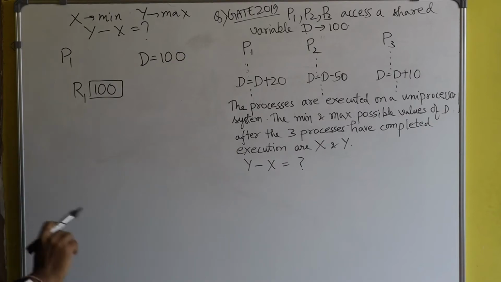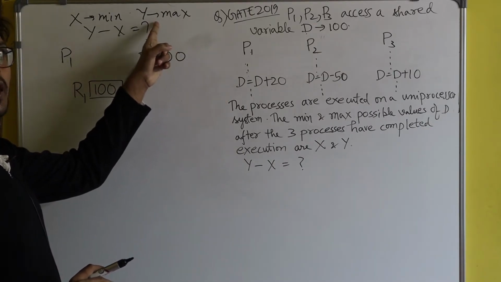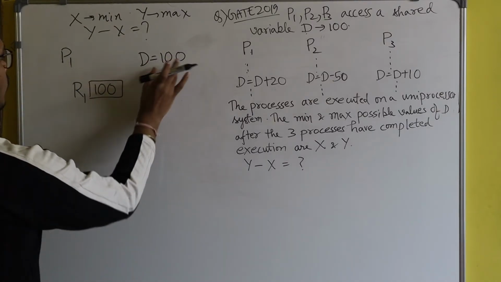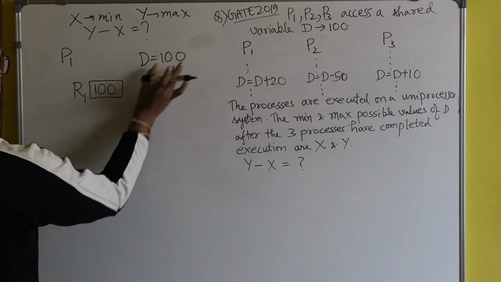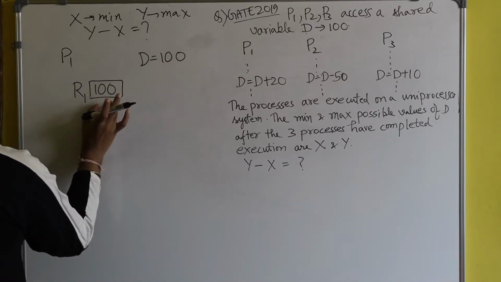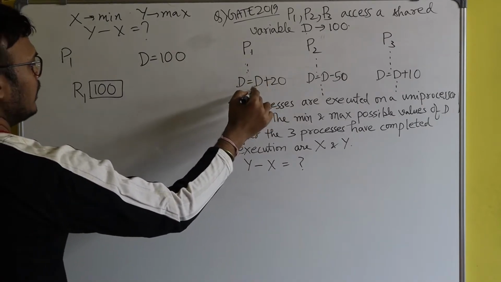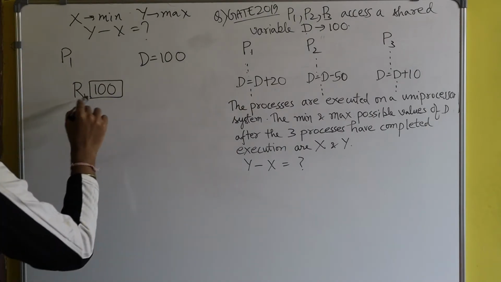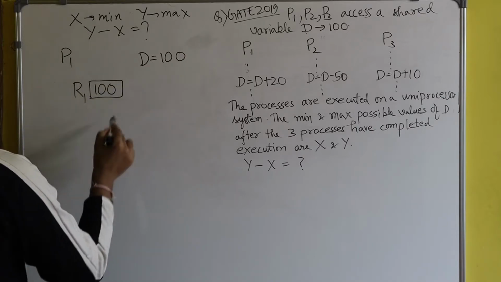Let me tell you one thing: right now I am finding the maximum value Y. So it has read the value of D and put this value in the register R1. Now it will increment it by 20, so R1 will contain 100 plus 20 equal to 120.